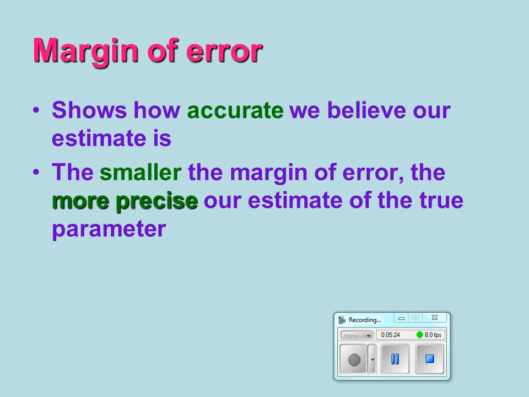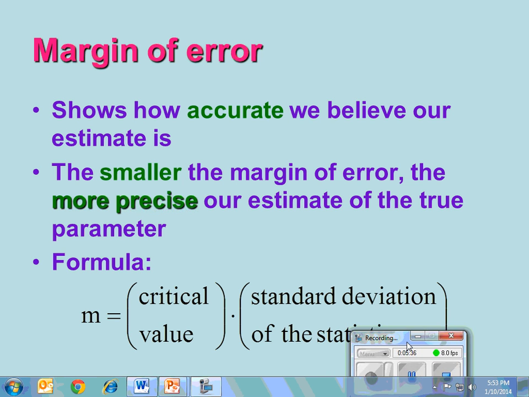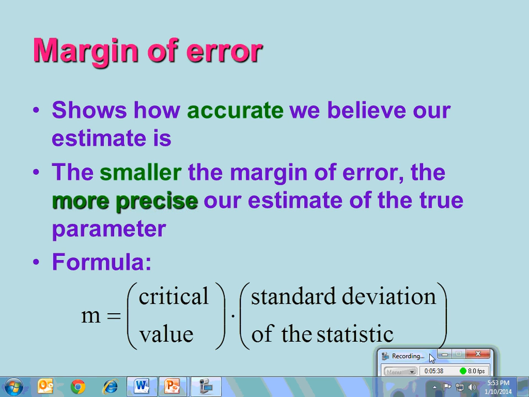There's another formula we'll look at. The margin of error, or M, and be careful that this M is not slope, is equal to your critical value, which we'll talk about in a little while, times the standard deviation of your statistic.